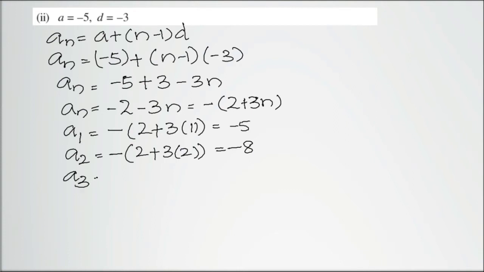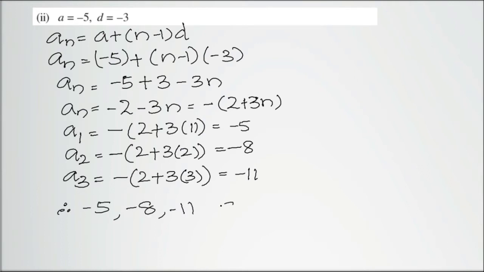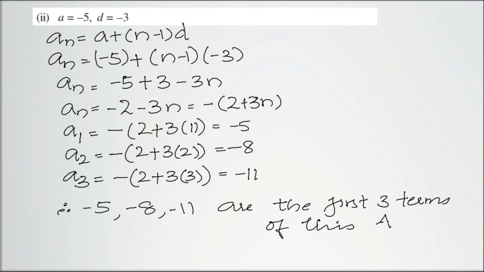And the third term will be minus of 2 plus 3 times 3, minus 11. Therefore, minus 5, minus 8, minus 11 are the first three terms of this arithmetic progression.